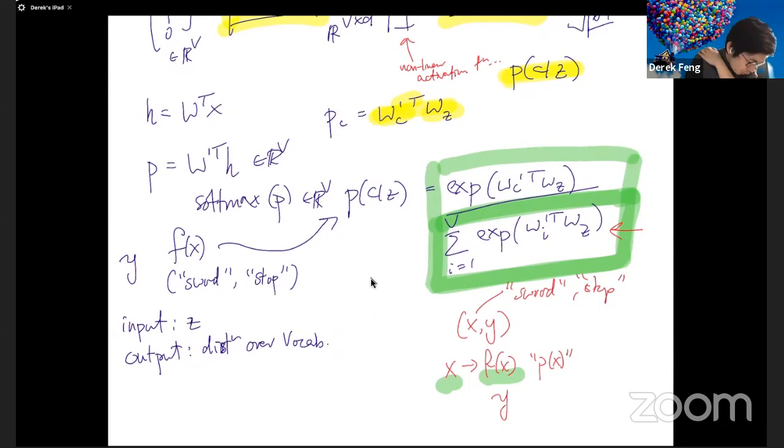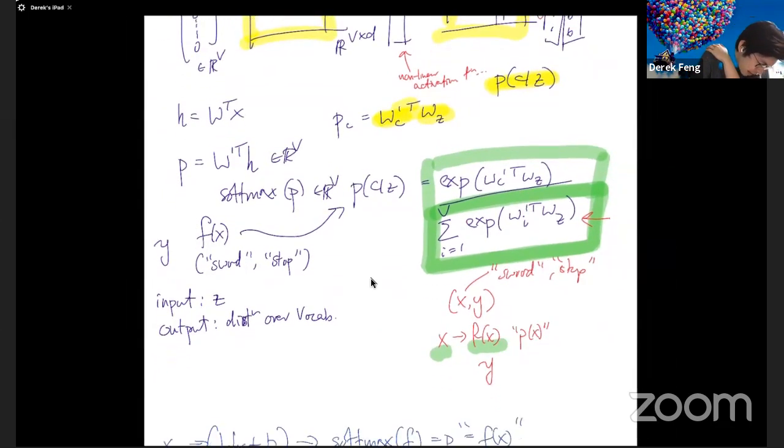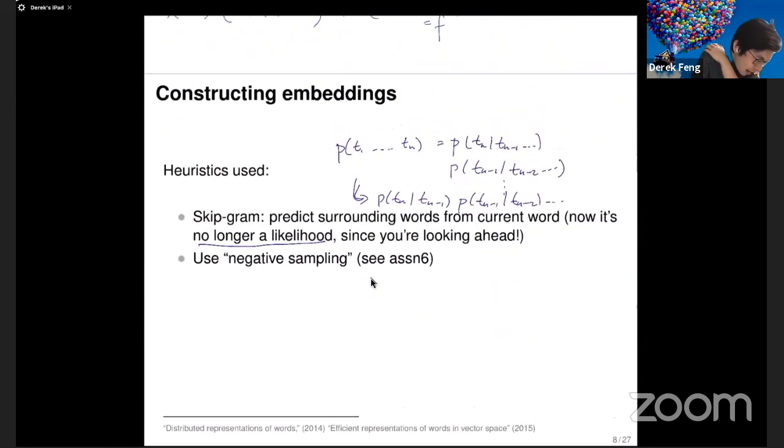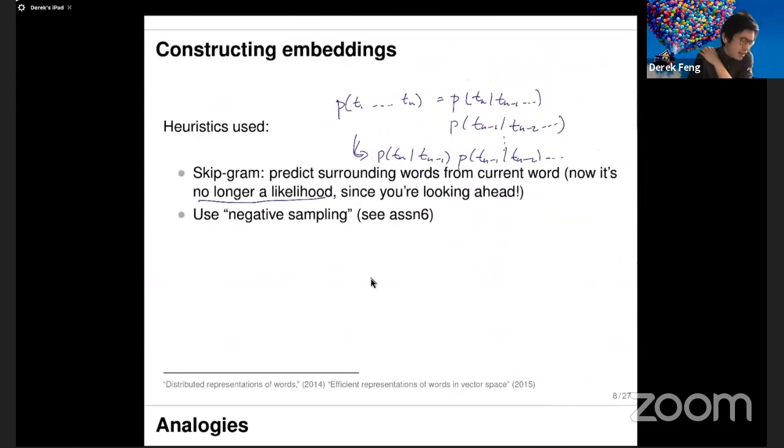Okay, and then negative sampling. I feel like we probably don't have time to discuss it. I worked through this in office hours a little bit, but you can describe negative sampling as randomly sampling words that you didn't see in your data.